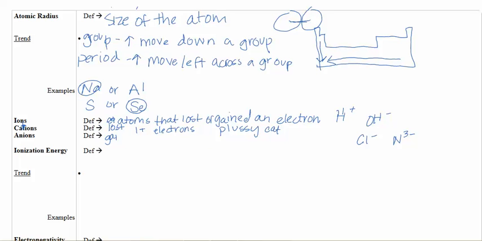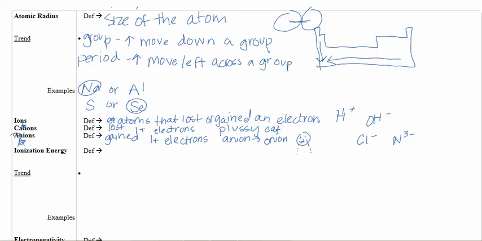So for an anion, you gain one or more electrons. Anion sounds like onion, and onions make you cry. Or the A has a minus sign right in there. However you want to remember that.